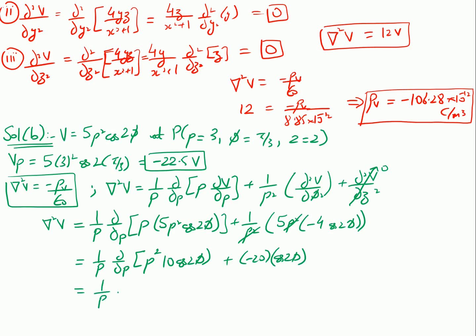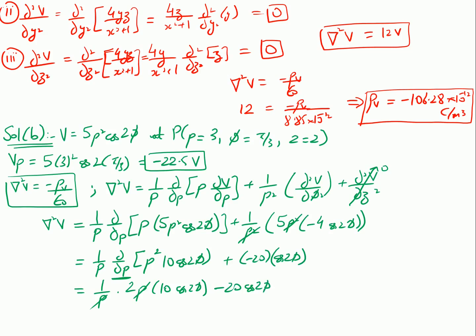So it is 1 by rho, here the 2 will come outside, this is going to be 2 cos of 2 phi, so the rho and rho can cancel out for the second part. I've taken the partial derivative with respect to rho, that's why 2 has come over here, and this is minus 20 cos of 2 phi.